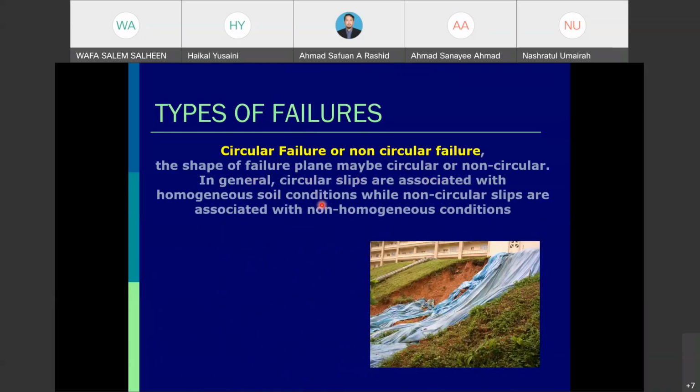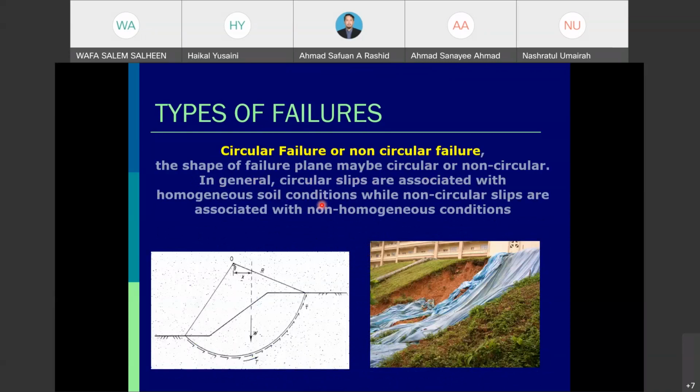Then there is circular failure or non-circular failure, which is normally used to analyze a finite slope.